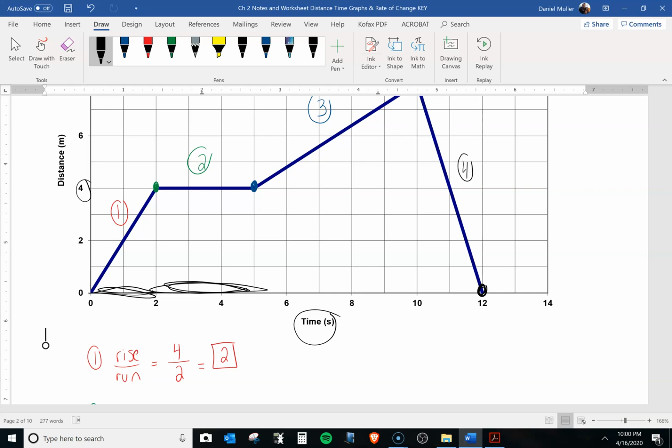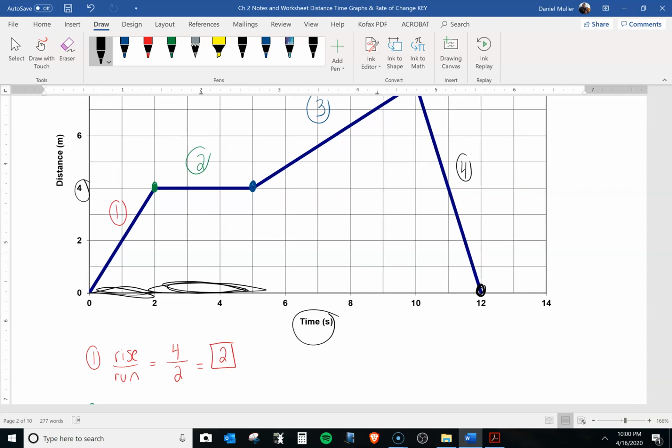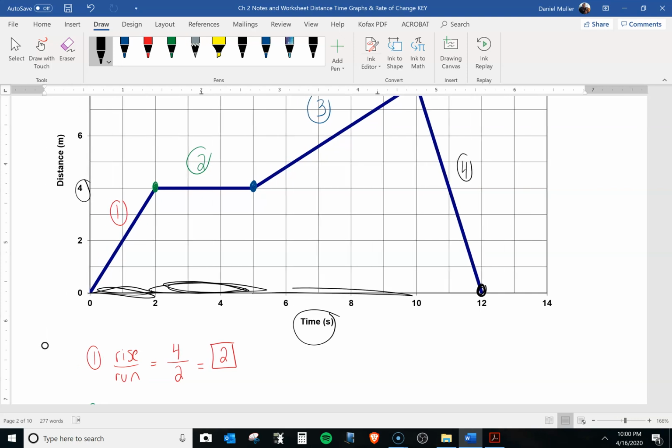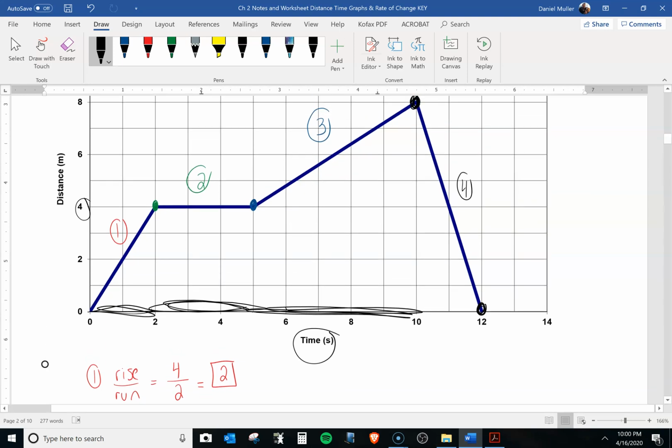You just stood there. You caught your breath. And then from 5 to 10, for the next 5 seconds, you ran again. But you didn't run quite as fast as you did at the beginning. And then you saw a dog at 10 seconds, and a dog was chasing you. And so you ran the fastest, and you ran all the way back home.